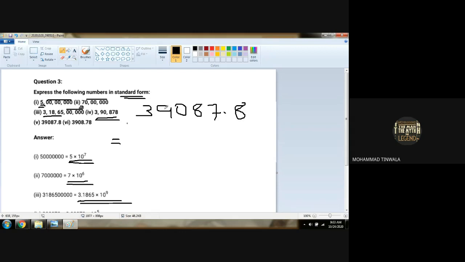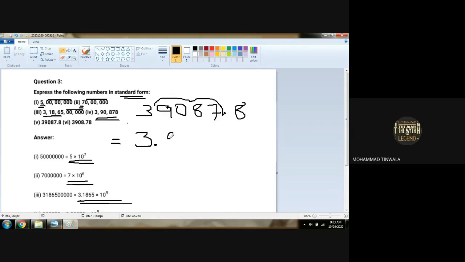Are you getting? So what we have to do is this decimal has to move. This is already given a decimal, so we have to place a new decimal. From this point, we have to place it 4 digits.